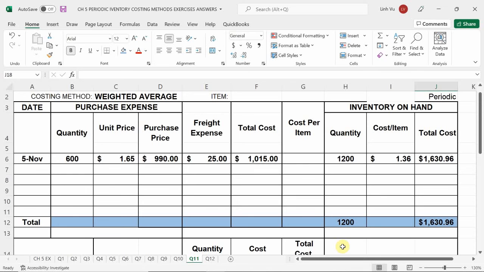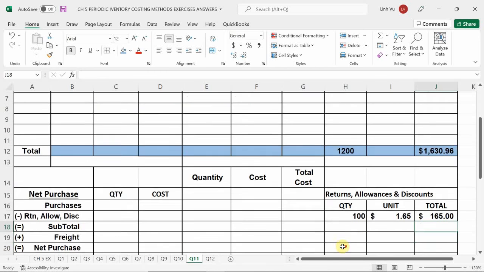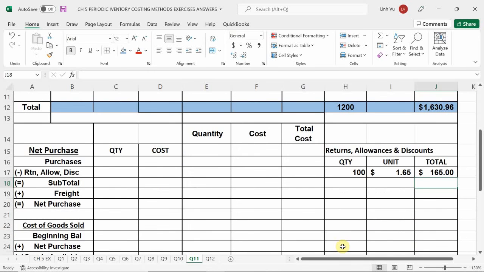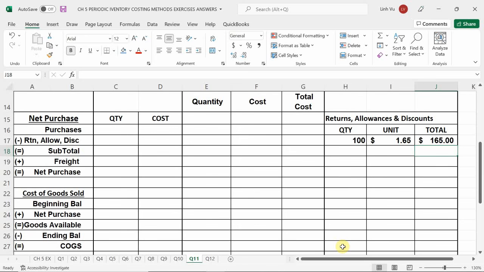Now in this case, is it necessary for us to build our goods available table? No, because at the end of the day, we're going to calculate how many items we purchased, subtract how many we returned, and also add our beginning inventory. So my goods available table is going to create itself without us keeping track of it.